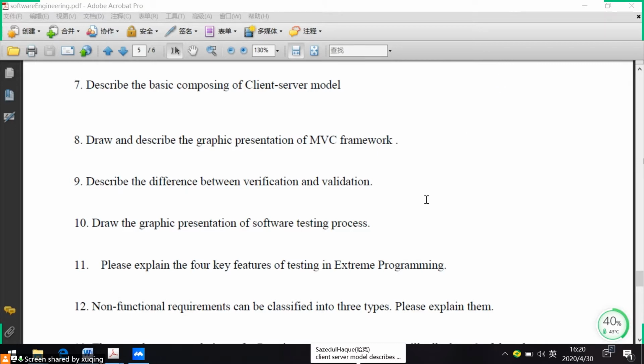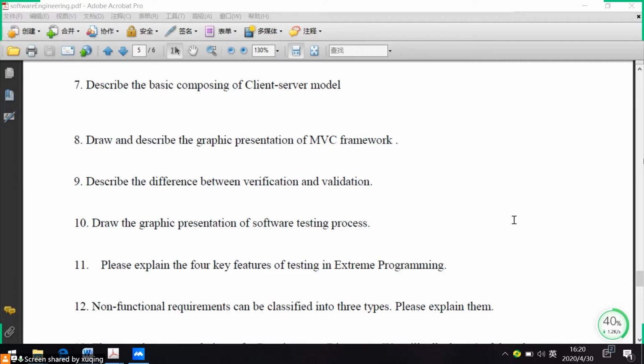Saji has proposed the client-server model describes how a server provides resources and services to one or more clients. Yeah, you have given a definition of client-server model, and here we ask for the major components of this model.